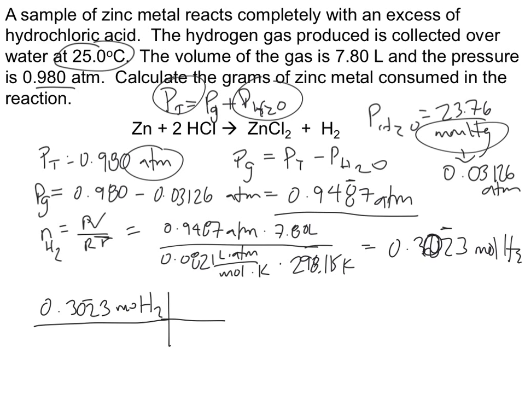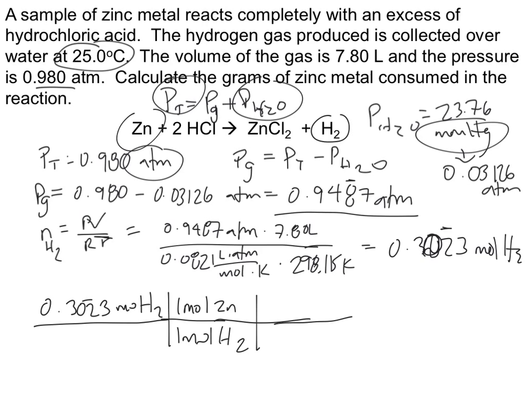If we look at the equation above, we have a balanced setup, and we know that our relationship between H2 and zinc is 1:1. We're still going to show this step even though it's a 1:1 setup, because we need to show that we understand a mole ratio is necessary. So this will put us into moles of zinc.